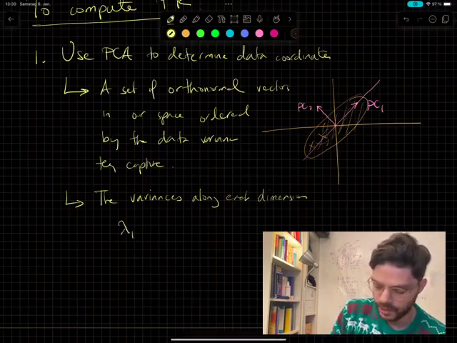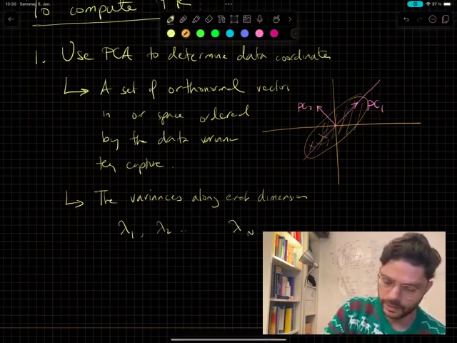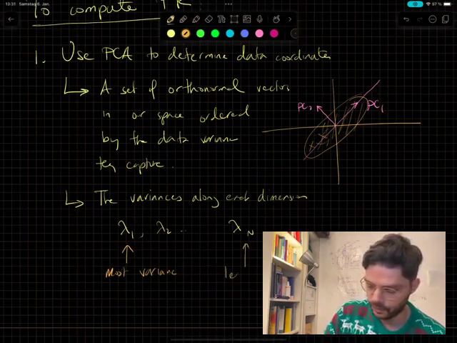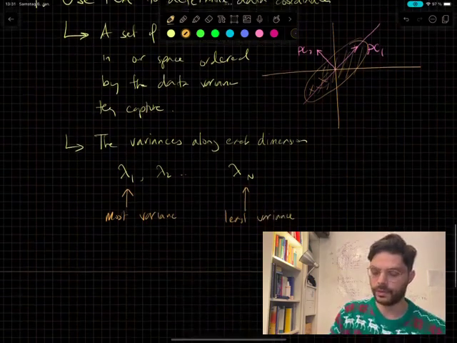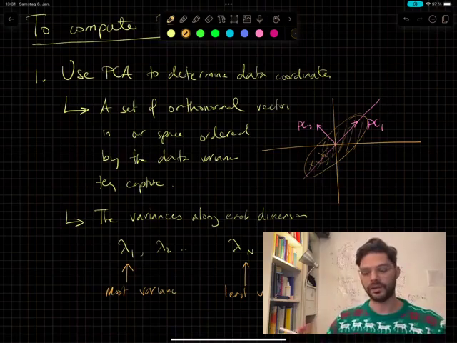So this will be lambda 1, lambda 2, lambda n, from the most variance all the way to the least variance. So the very first step is to just run PCA and get this vector of variances out.